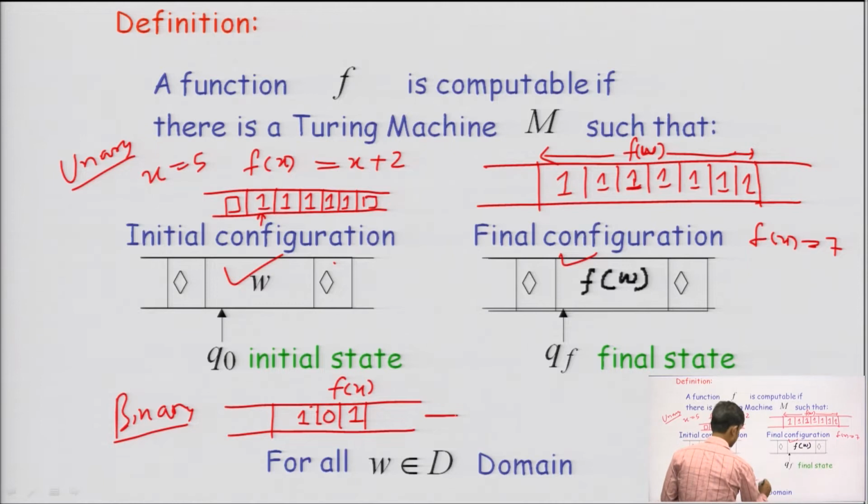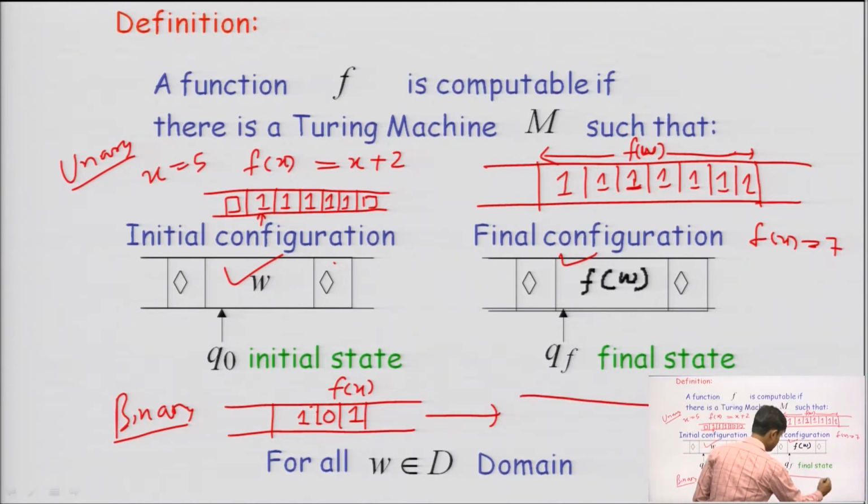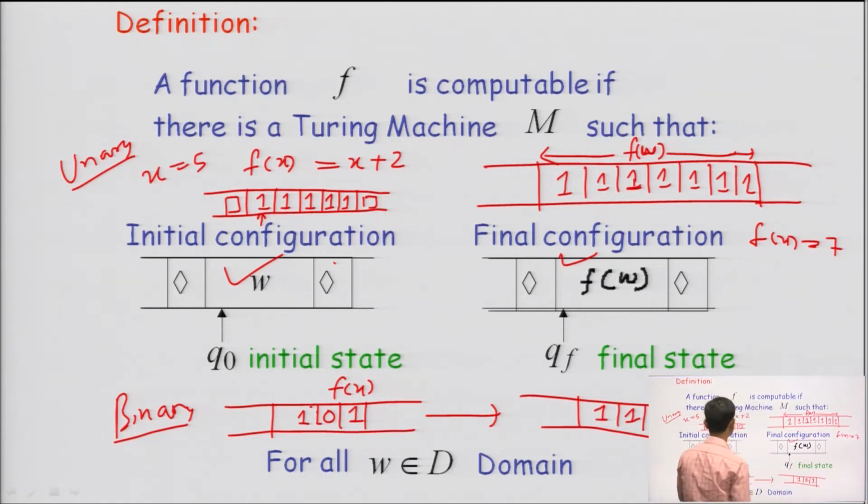Then you have to get 1 1 1, which is 7. For the 2, you can take a string like 1 0 and give a space in between, or take some mark symbol meaning this is x, and then take 2. So, we will go through one example of how to do addition of two numbers. In this process you have to design your Turing machine.